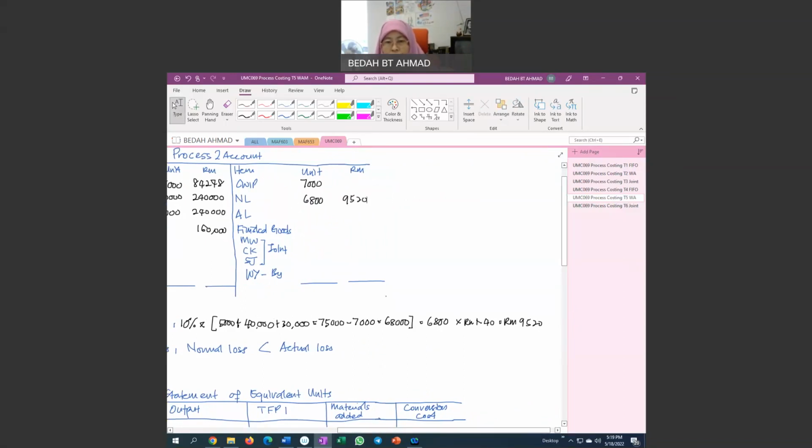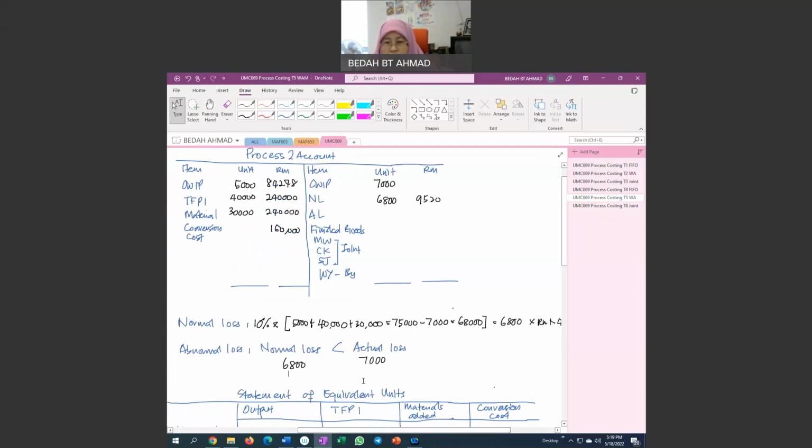We have the actual loss, which is the actual scrap of 7,000 given in the question, and the normal loss is 6,800. The normal loss is less than the actual loss. Actual loss is more than the normal loss, so that is an abnormal loss of 200. We record it here, 200.